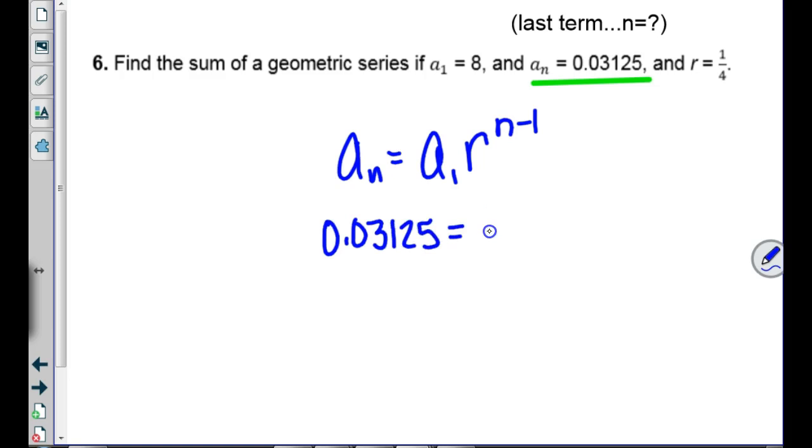Equals. We don't know. It's to the n minus 1. But can we do 8 times 1/4, guys? No. Okay.